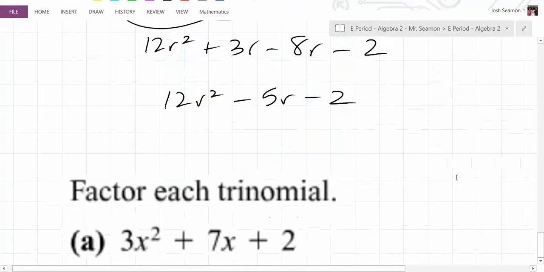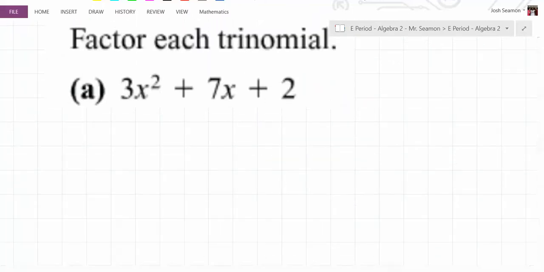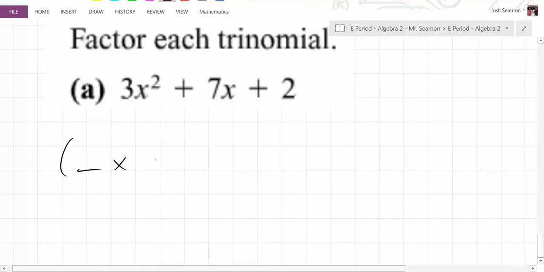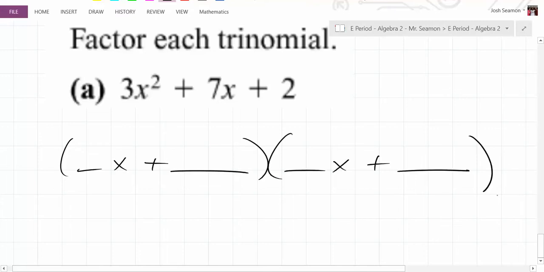Another one could be, again, we're trying to factor into something that looks like this. It's going to be something x plus something times something x plus something. So the leading coefficient is not 1 here, but what's nice about this leading coefficient? It's small.